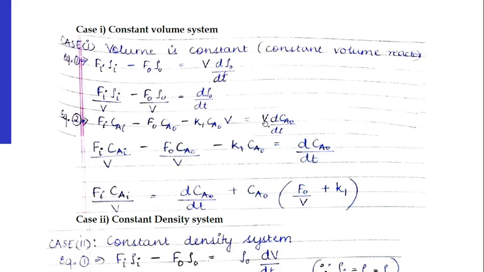So I have taken it out, and you take it to the other side. It ends up as F by V, so it becomes K1 C_A, d by dt of C_A0. So you can write it as F by V into C_A. Here it is dC_A by dt, and you can club this C_A0 together and take it to the other side also. Now this is a differential equation.